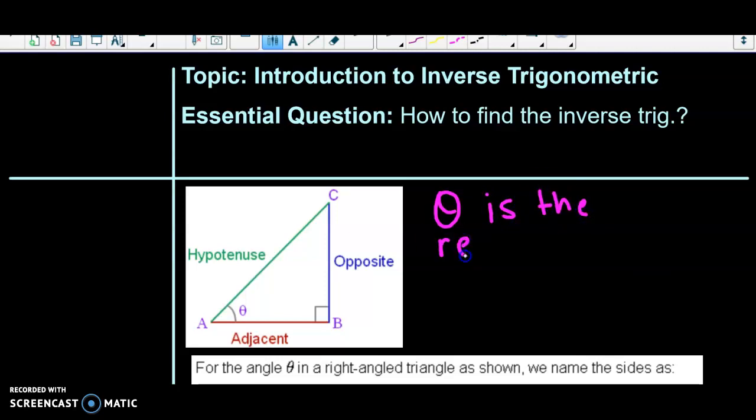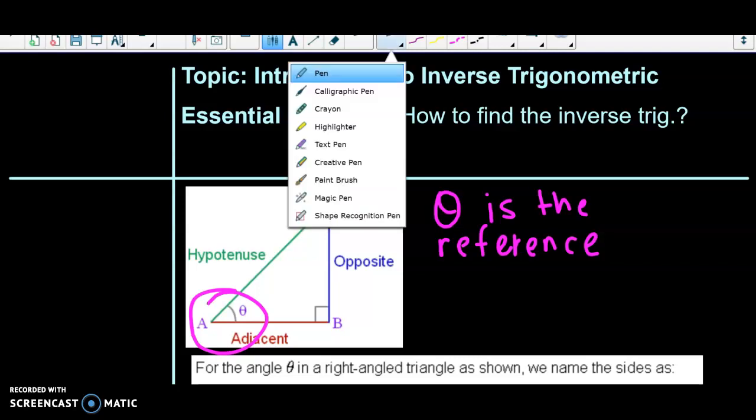That's something very important because theta could either be where A is or where C is, okay? And remember that this is in regards to a right triangle. And so if I'm talking about my angle theta, which is where angle A is, in terms of angle A, the side opposite is the one that's directly across from the angle.